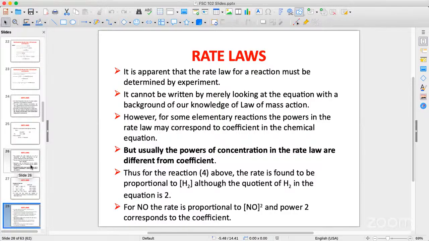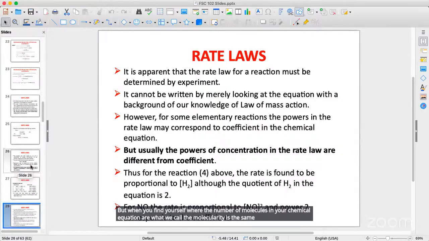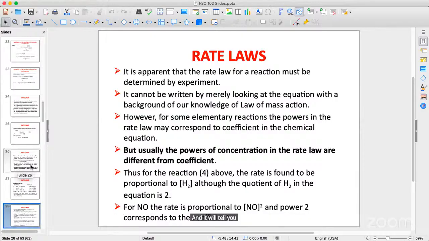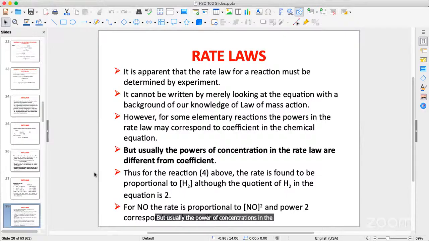But when you find yourself where the number of molecules in your chemical equation, or what we call the molecularity, is the same thing as your order of reaction, then in most cases you're dealing with a one-step reaction. And I will tell you the reason why that is so when we begin to talk about order of reaction. But usually, the powers of concentrations in the rate law are different from the coefficients. That's what I meant when I said that they're not the same thing, even when they look the same.